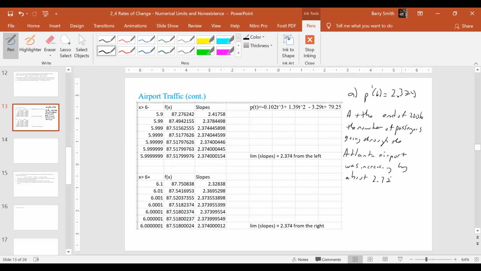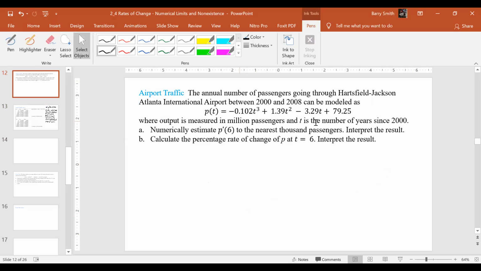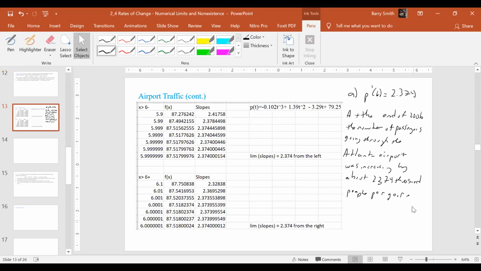Oh, actually, this is in millions, and we want it in thousands. So we need to write that in thousands instead. So that was 2,374,000 people, and that's going to be per year. If we go back here, it's millions of passengers per year, and we wanted it in thousands. So we had to multiply that by 1,000, and then convert it from millions down to thousands. So we had to do two unit changes there.